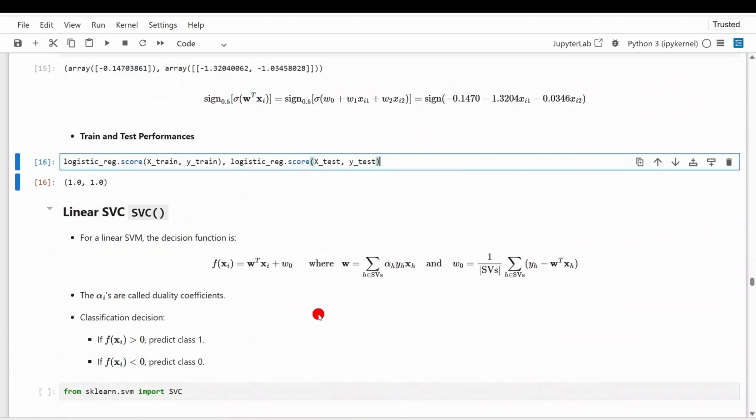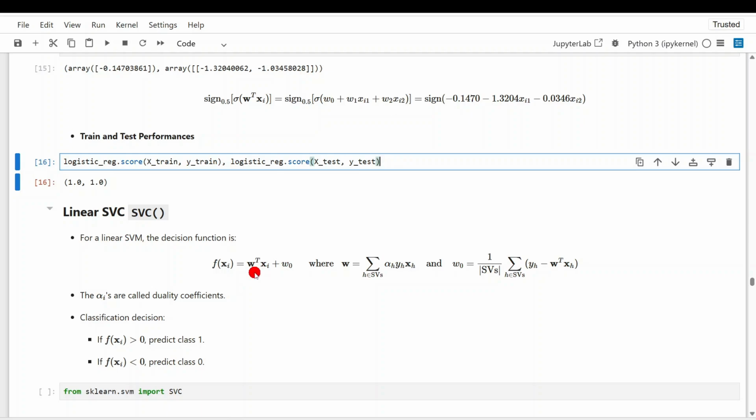Here we can write this linear support vector classifier as f of x equals w transpose x plus w naught. W naught is the bias term or the intercept of the model, and w consists of the weights associated with the different covariates that can be included in the model.